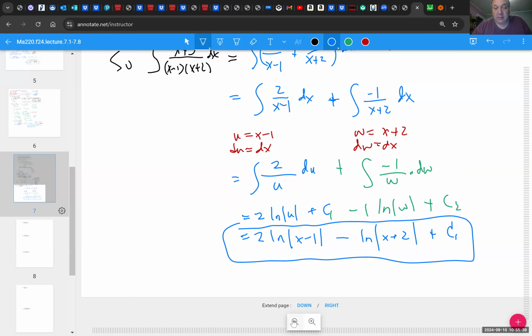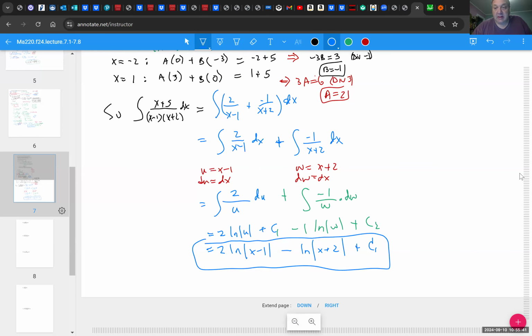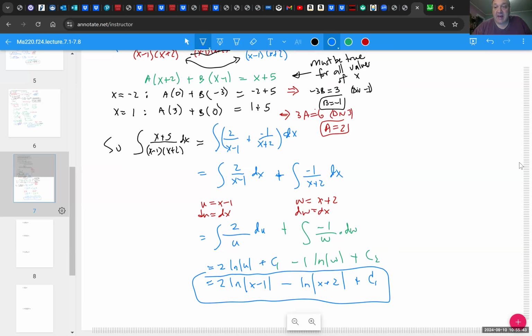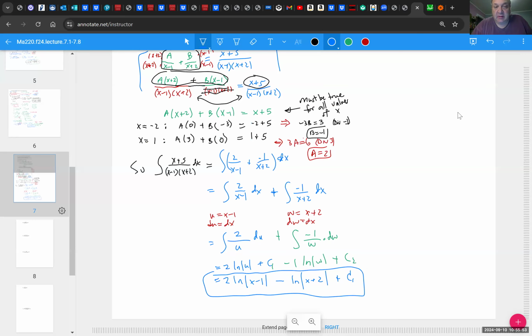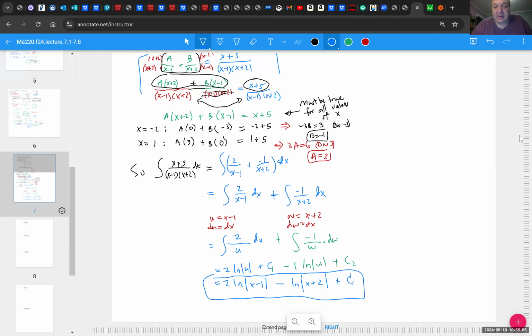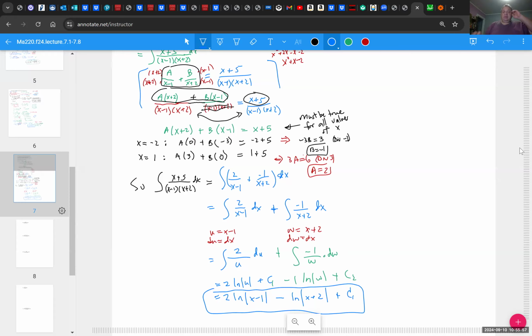So just to review real quick about this method, what we first started doing is factoring the denominator to make sure we knew how to break up the bottom of our fraction. And then we split it up into its smaller fractions using placeholders like a and b to represent the tops of those fractions that work out to be x plus 5 when you add it all up.